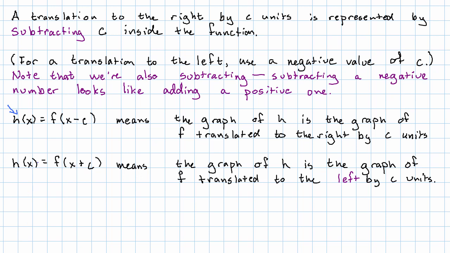However, some people choose to just remember both of them. So if we're subtracting inside the function, we go to the right. If we're adding inside the function, we go to the left. And some people choose to remember just the one using addition. So adding goes to the left. Adding a negative number goes to the negative left, so to the right.